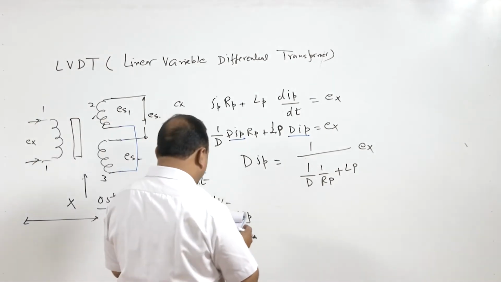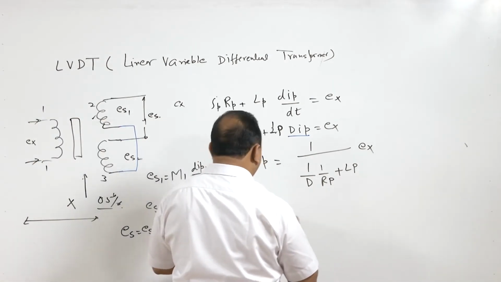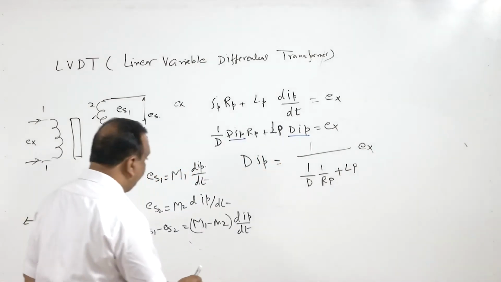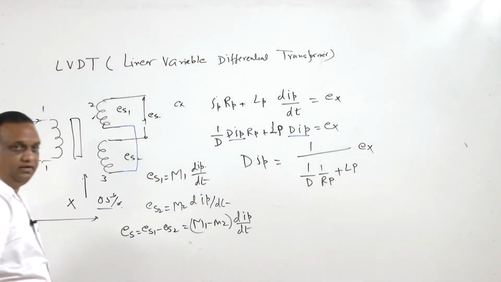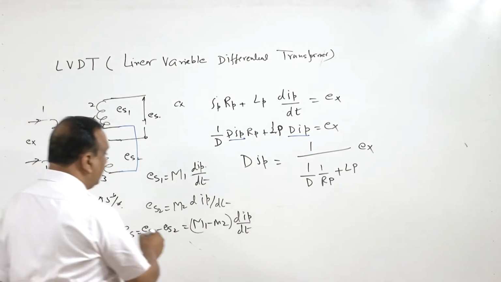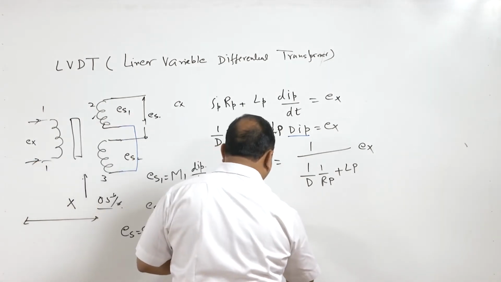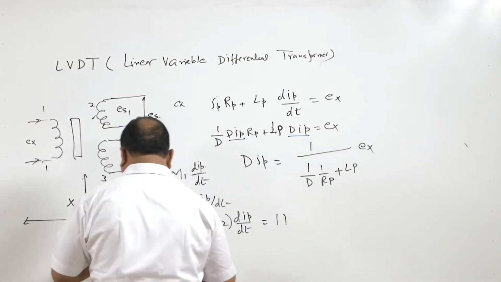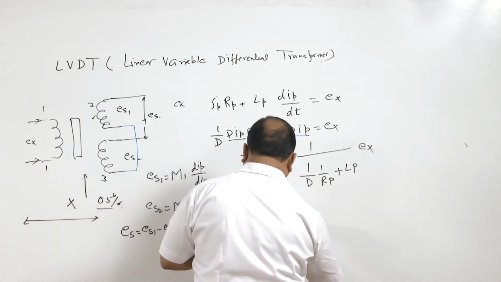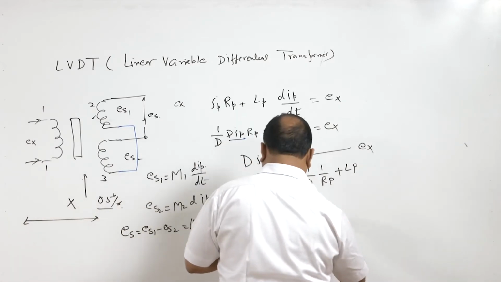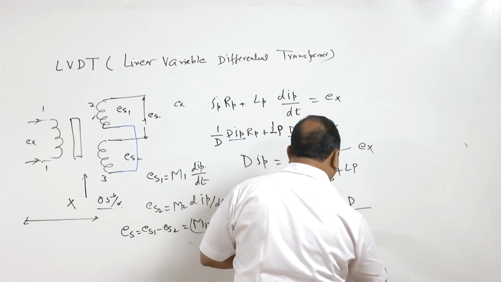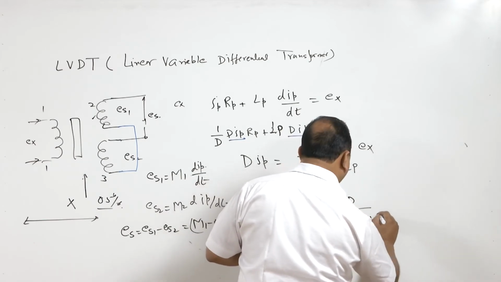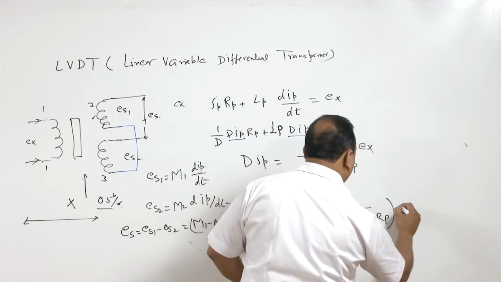If we want to further simplify this, then we put this dIP here. If you are putting dIP here, then the output we are getting is M1 minus M2 D by (D LP plus RP) EX.